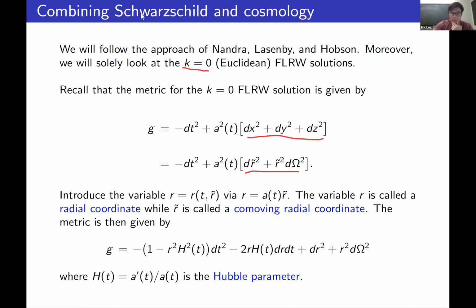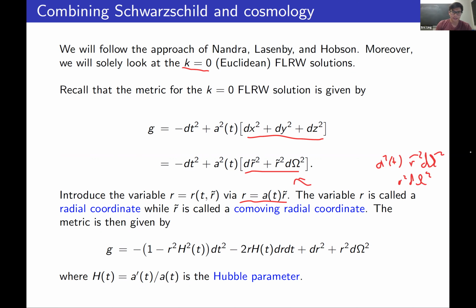But the point is that if you introduce this r coordinate, which is equal to a of t times r tilde, then one should recognize that in the metric you have something like a squared of t r tilde squared d omega squared, that term right there. This just becomes r squared d omega squared, right?